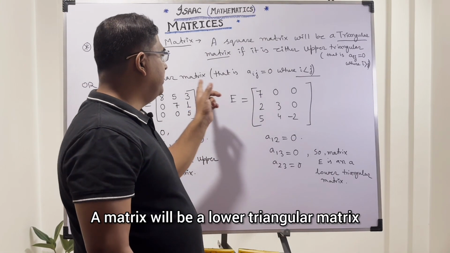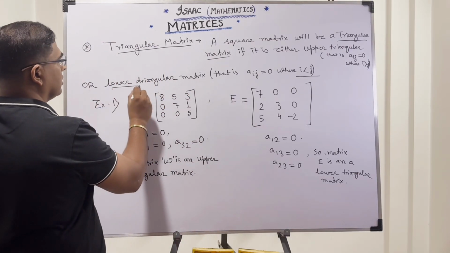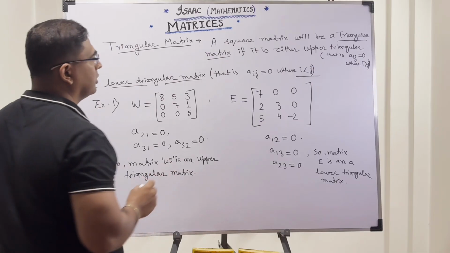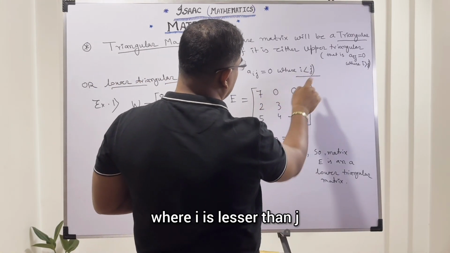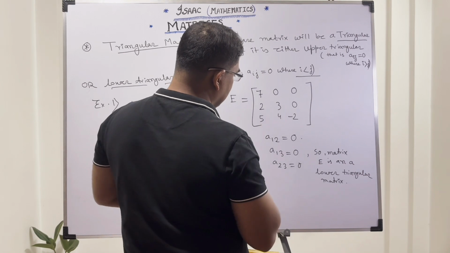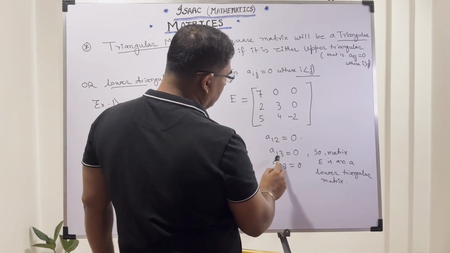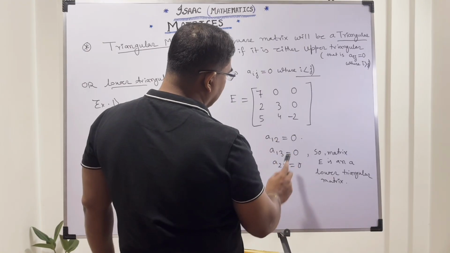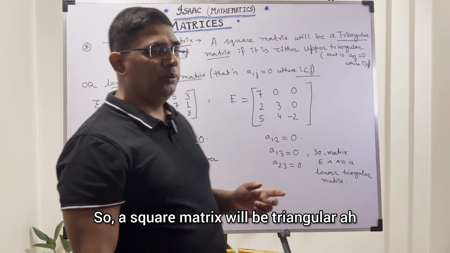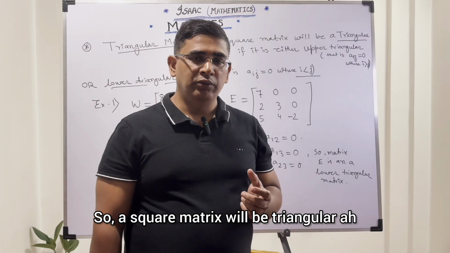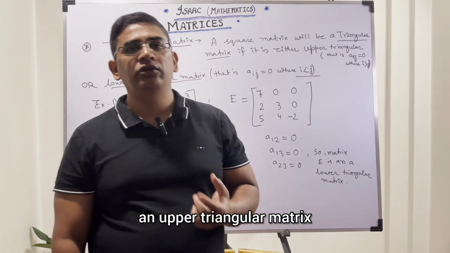A matrix will be a lower triangular matrix when Aij equals 0, where i is lesser than j. A12 equals 0, A13 equals 0, A23 equals 0. Okay. So a square matrix will be triangular when it is either an upper triangular matrix or a lower triangular matrix.